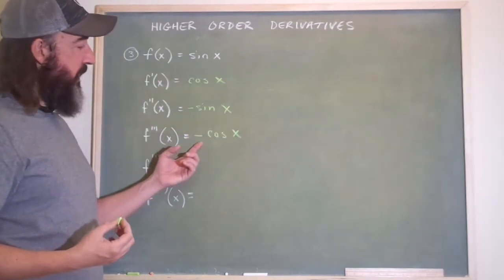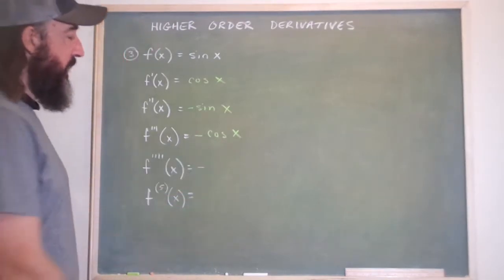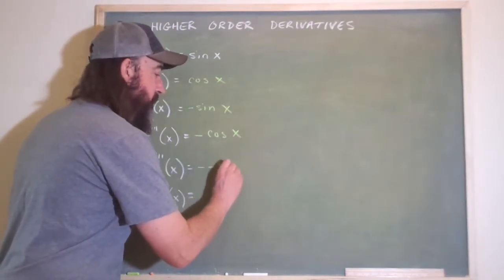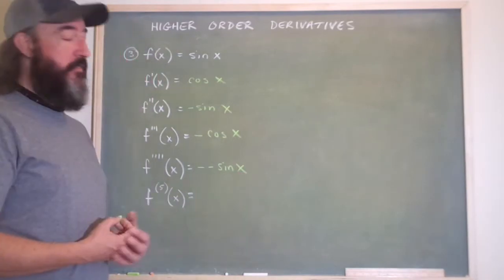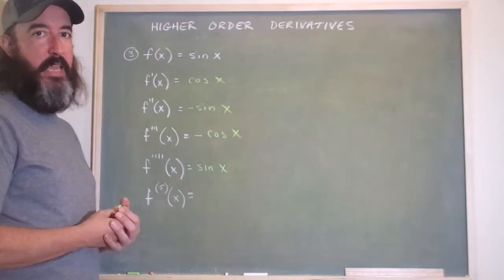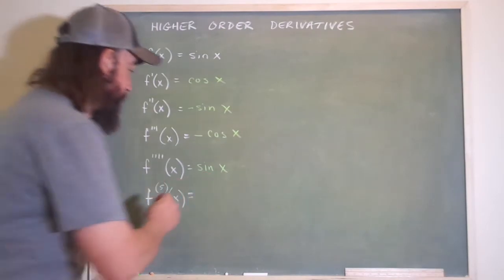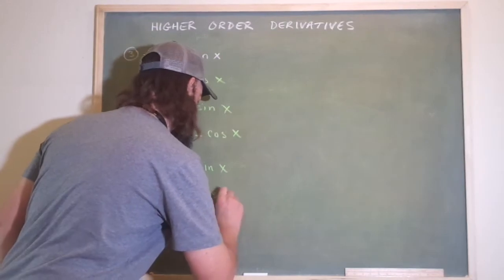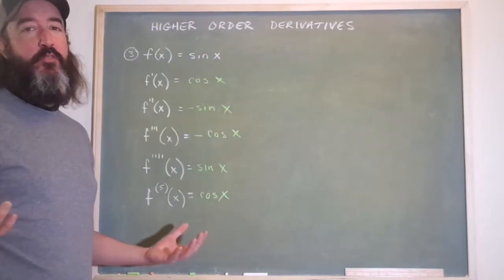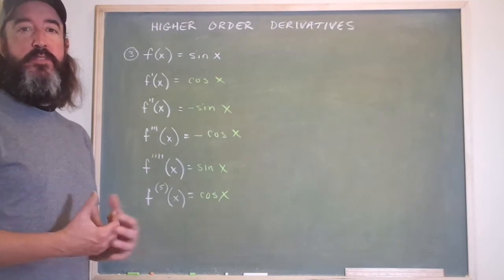When I get the derivative of negative cosine x, this negative is a constant multiplier, and the derivative of cosine x is negative sine x. And of course, a negative sine x is a positive sine x. And we of course know the derivative of sine x is cosine x. If we keep differentiating this function, we'll get caught in an infinite loop of sines and cosines.